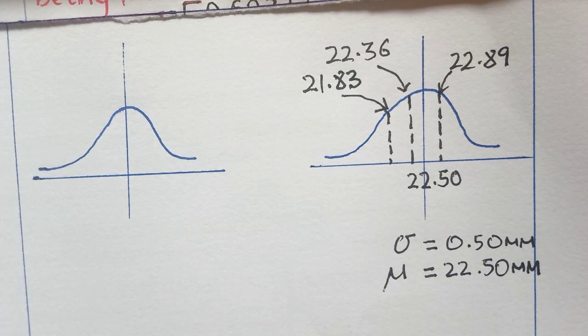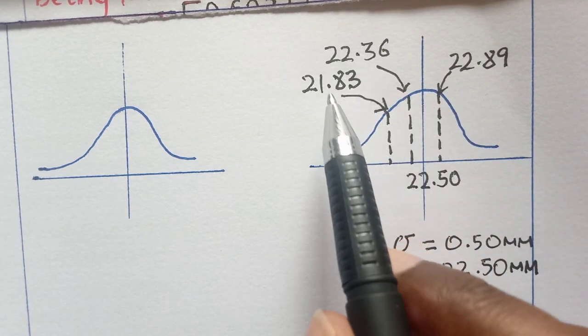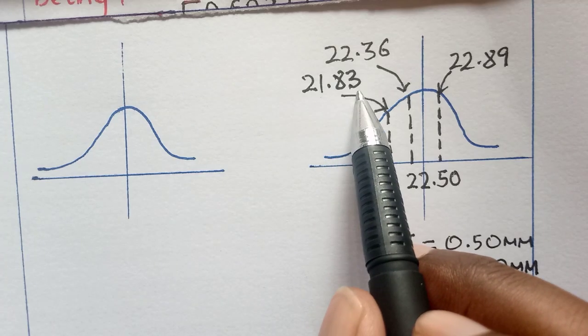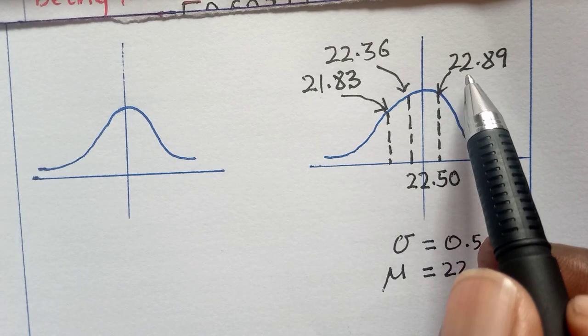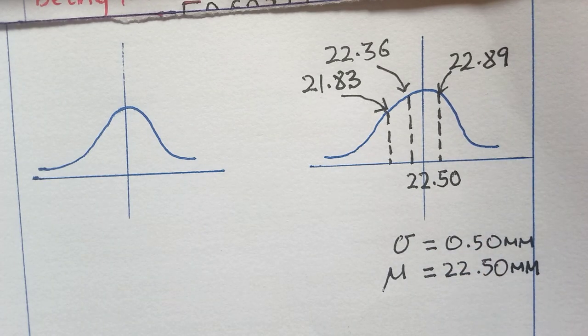So that is our limits: 21.83 up to 22.89. And then the question: determine the probability of any one roller being within the acceptable limits.